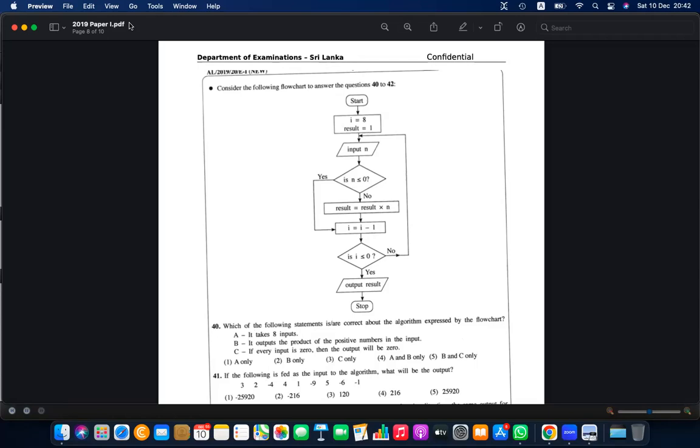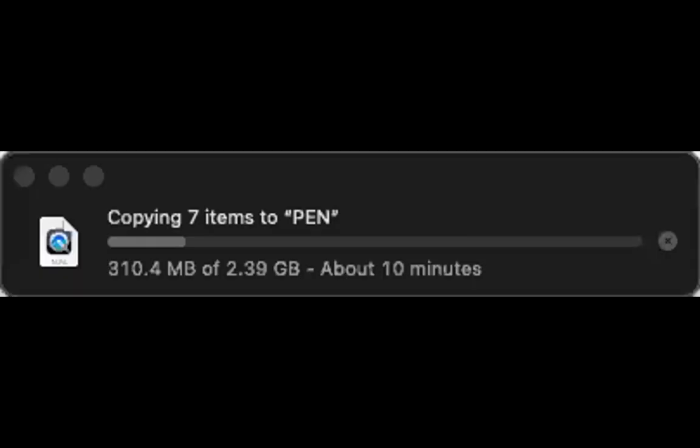Please answer question number 40 and 41. Consider the following flowchart given to answer questions 40 to 42. You have to answer the flowcharts given below.